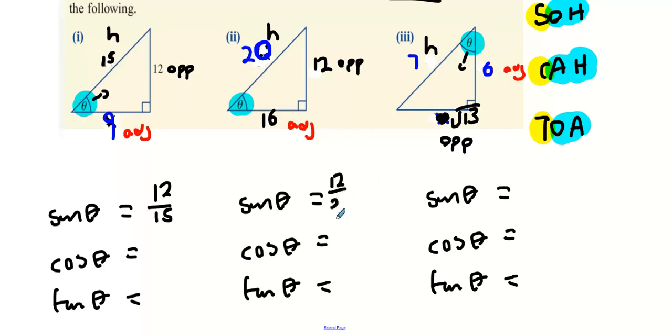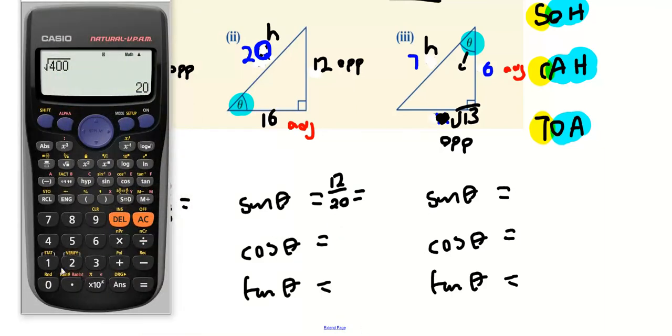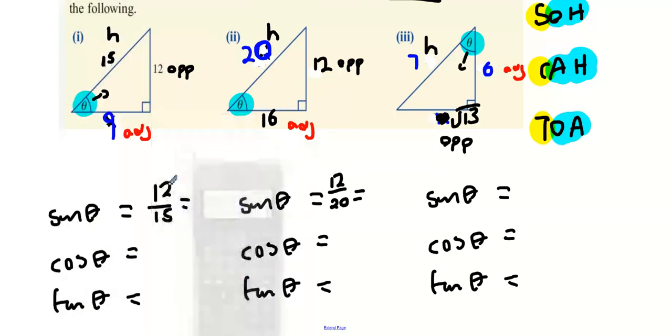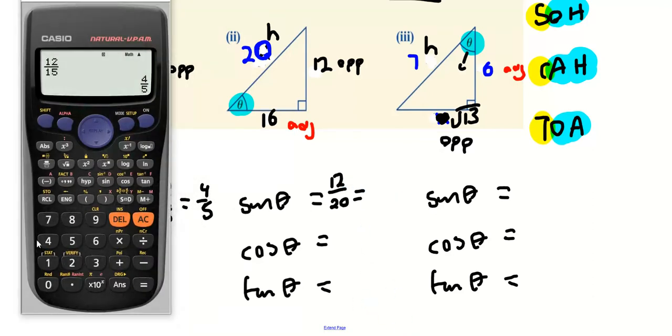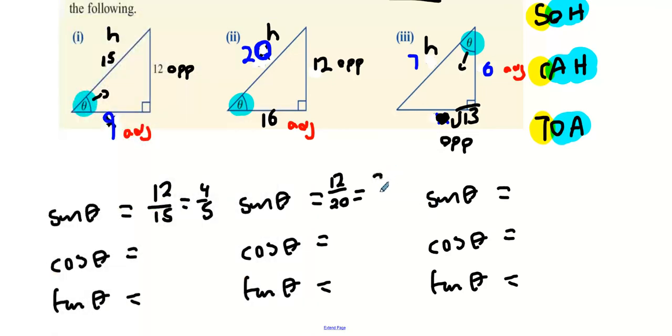And we can simplify these two. 12 over 15 in the calculator gives you 4 over 5, and 12 over 20 in the calculator is 3 over 5, okay? So far so good. Then the next one is the opposite, which is root 13, once again divided by the hypotenuse, which is 7, and we can't do anything with that in the calculator.